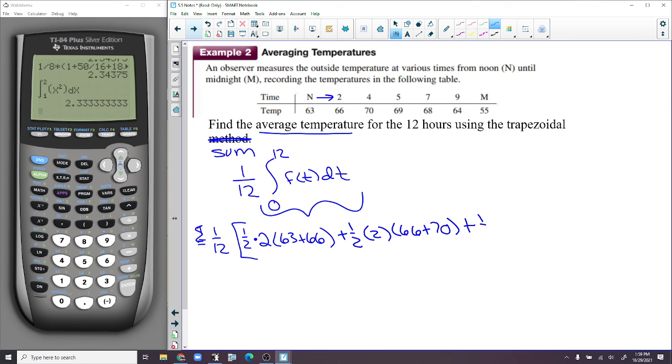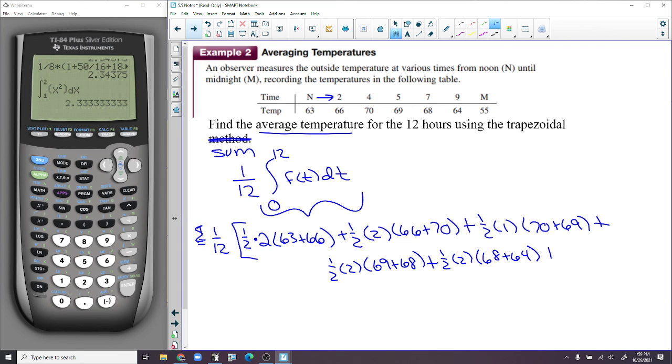And then 1/2 times 1, 70 plus 69. 5 to 7 is 2, 69 plus 68. 7 to 9 is 2 hours, 68 to 64. And then finally the last one, plus 1/2. Noon to midnight is 3, 64 to 55.